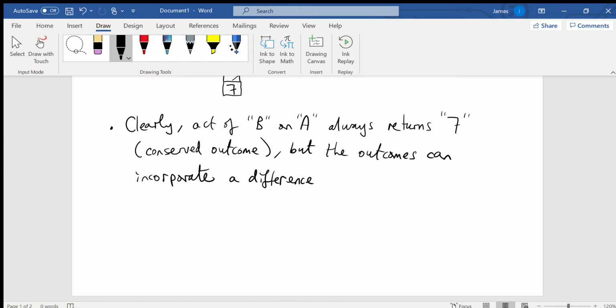And that's the constant of value n. So conserved and constant used with different meanings, very, very tricky.